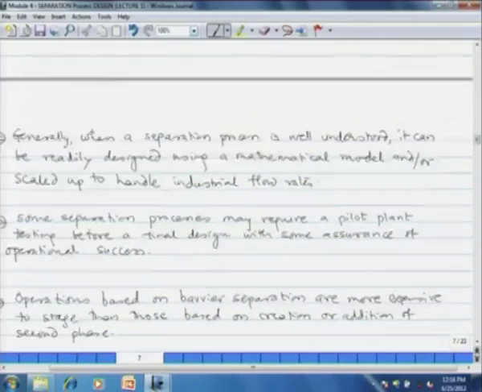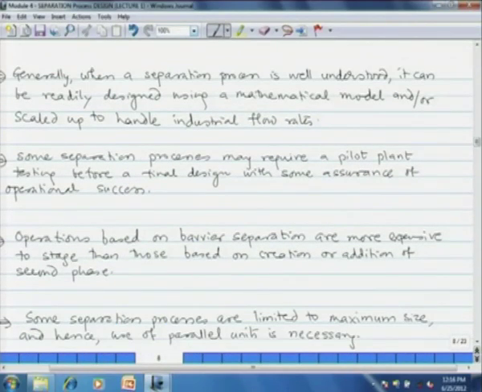There are certain professional softwares which give very elaborate design of these particular processes. So, once the mechanics of the process is understood, it is very easy to develop a mathematical model for that particular process and then scale up according to the simulation results using the mathematical model.